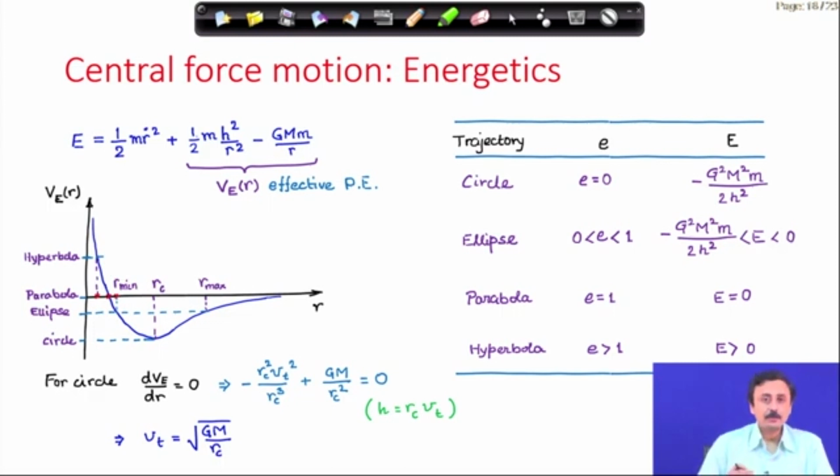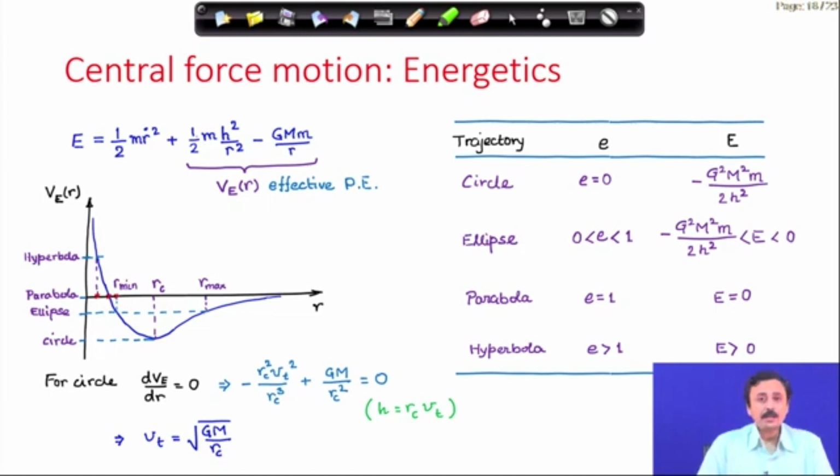For the elliptic path, if you now slightly increase the energy, but still energy is negative, then you have two intersections with the potential energy curve, and those two intersections correspond to r min and r max, which for the elliptic path are the perigee, which is r min, and the apogee, which is r max. In the case of something rotating around the sun, the perihelion is the closest point of the trajectory from the sun, and the aphelion is the farthest.